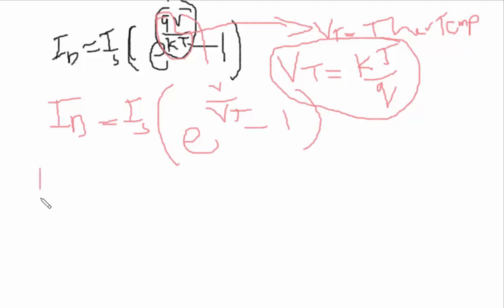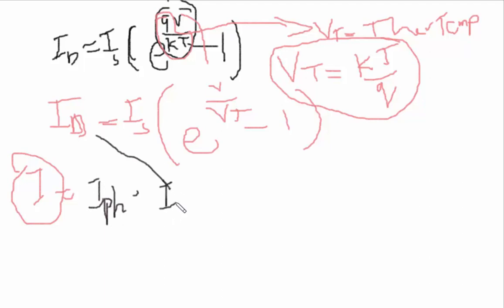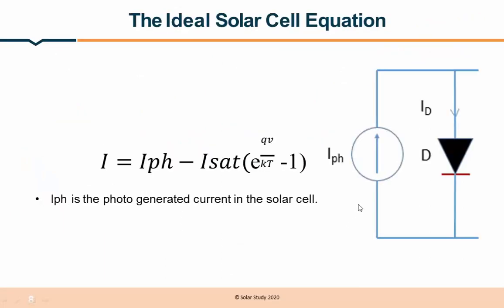So for solar cell also same, I is equal to, here not ID, I, that is nothing but IPH minus this ID. So now we got the ideal solar cell equation.